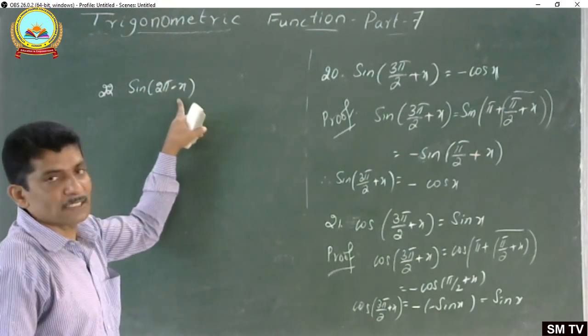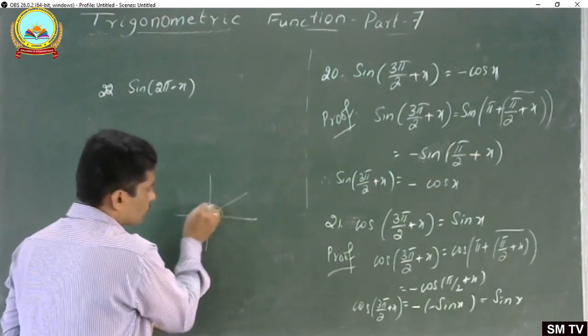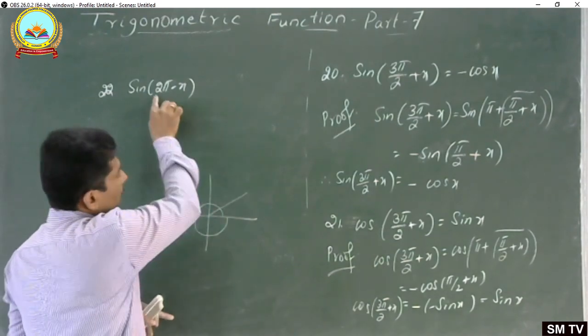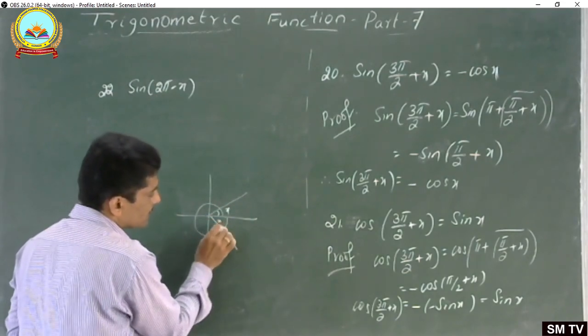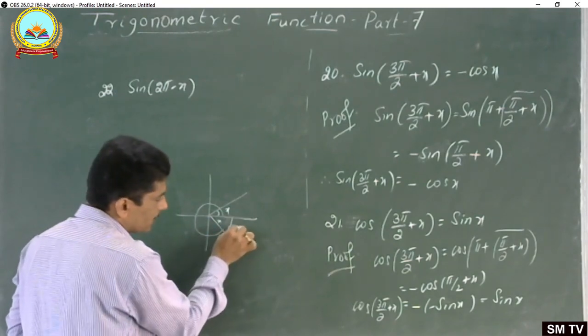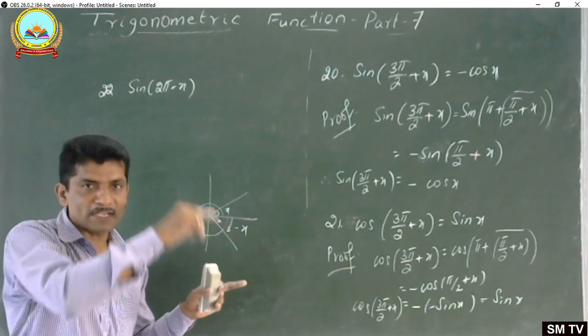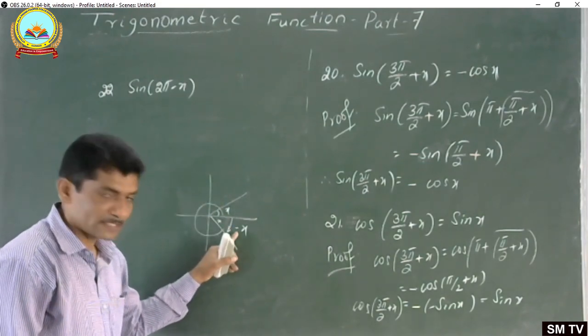Sine of 2 pi minus x is exactly equal to, it means this value is an angle. Here the total is 360, and 2 pi minus x means this angle is equal to x. Here this angle is x, and this one is measured as minus x in the clockwise direction. In the negative direction you can say minus x.